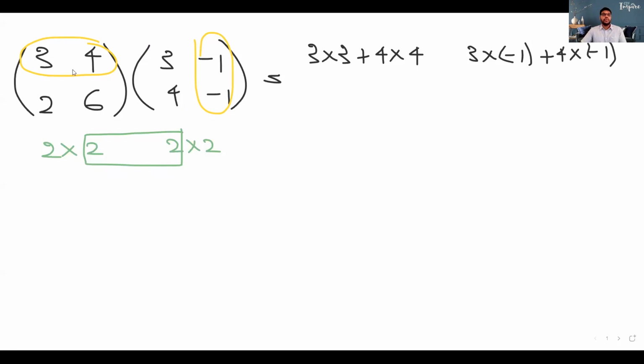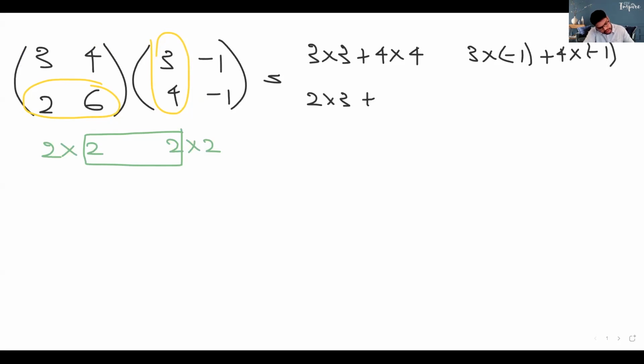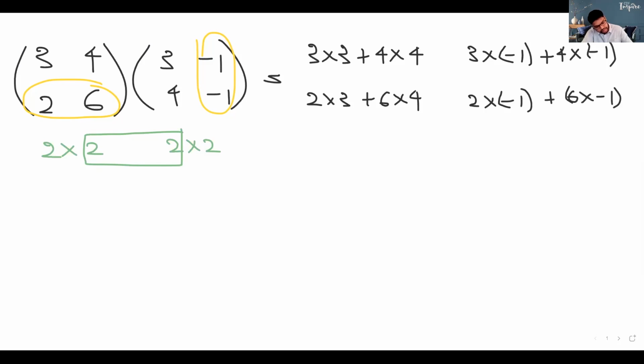Then children, we go to the second row of the first matrix and now the first column of the second matrix, right? So that gives us 2 times 3 plus 6 times 4. Then finally we go on to the second column of the second matrix. So this is our last element. So 2 times negative 1 plus 6 times negative 1.